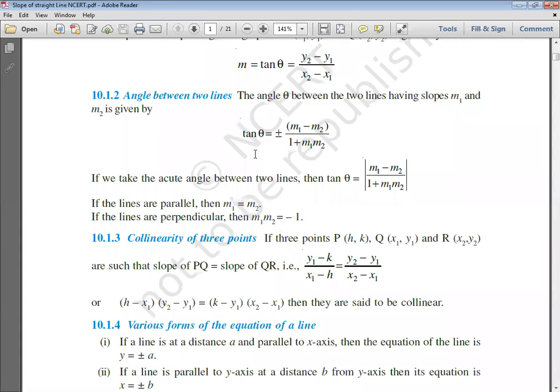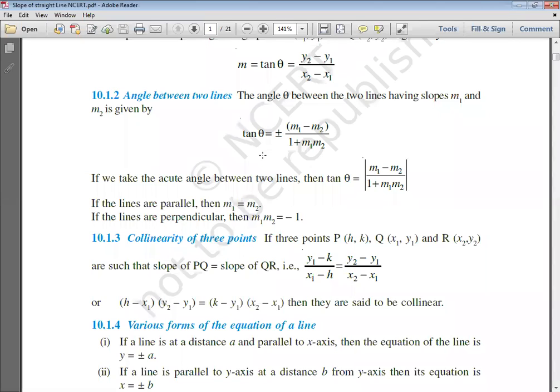You have to remember this formula: tan theta equals m1 minus m2 divided by 1 plus m1 m2. Here the plus minus is considered, and there is an interpretation behind this plus minus. Actually, when two lines intersect, one angle will be acute and another will be obtuse.